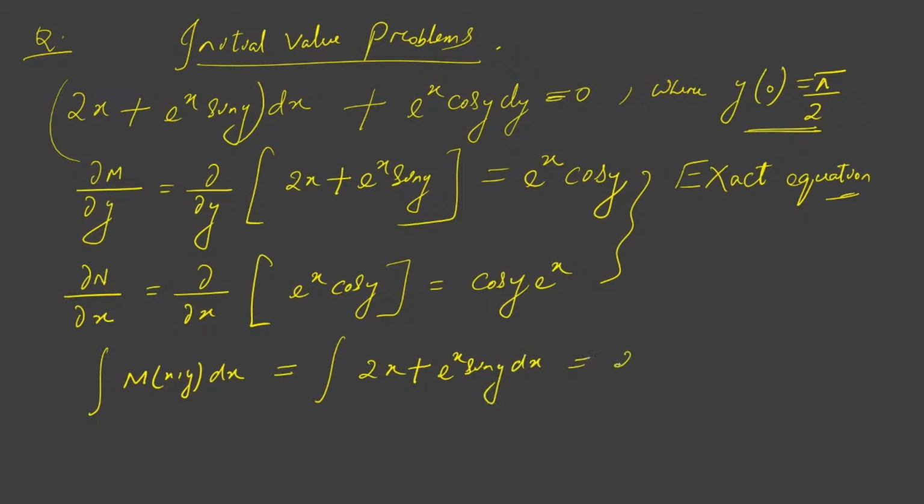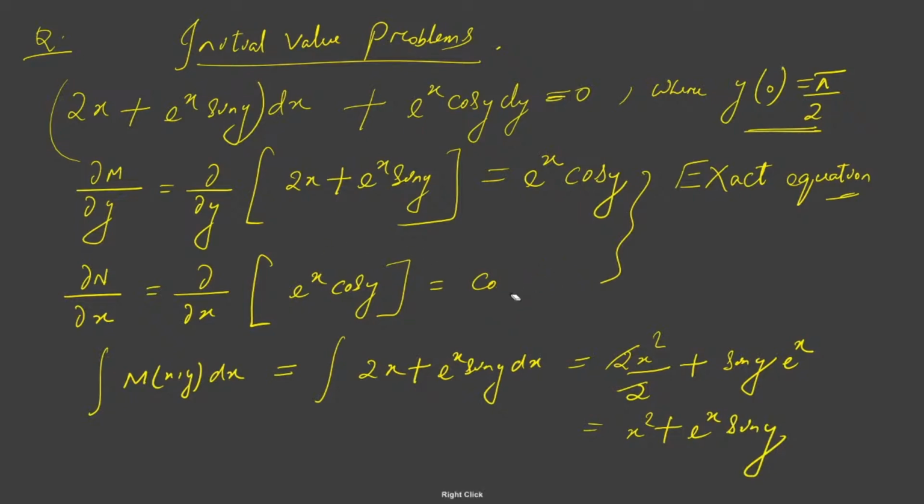So 2x square by 2 plus sin y is a constant, so e to the power x, right? So x square plus e to the power x sin y is the first integration. So we can erase here.